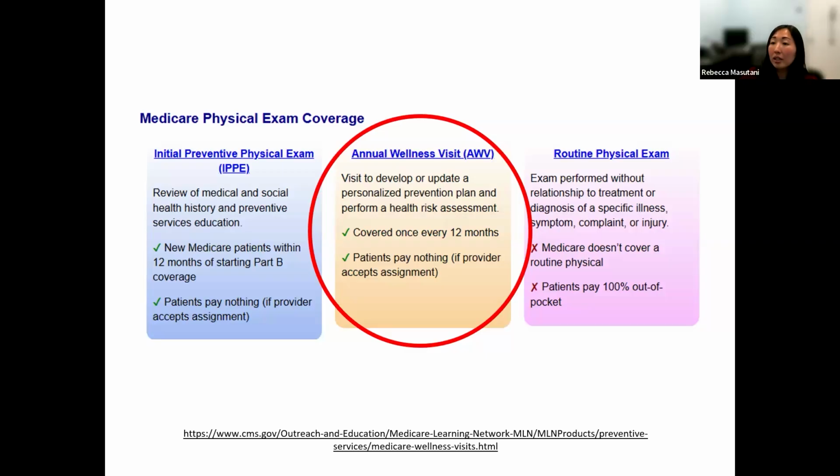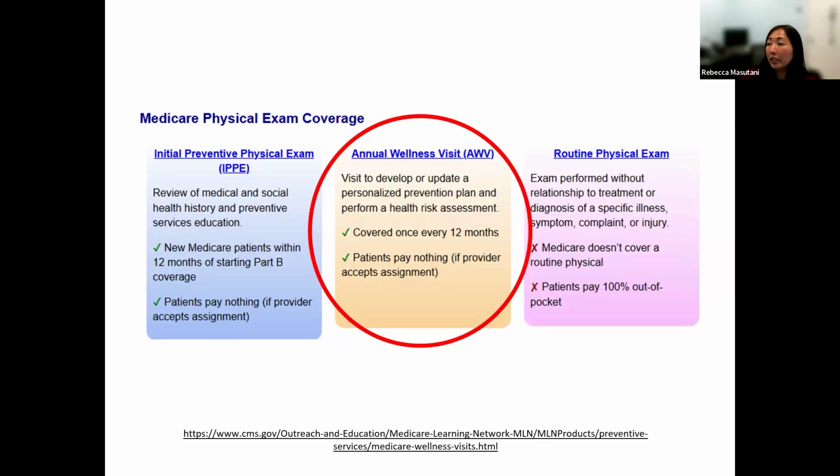In short, the initial preventive physical exam, which I may refer to as IPPE moving forward in this presentation, is a visit that occurs for patients who are new to Medicare and takes place within 12 months of patients enrolling into Medicare Part B. The annual wellness visit, on the other hand, again circled here in red, occurs after that time. And as I mentioned previously, it is covered every 12 months.